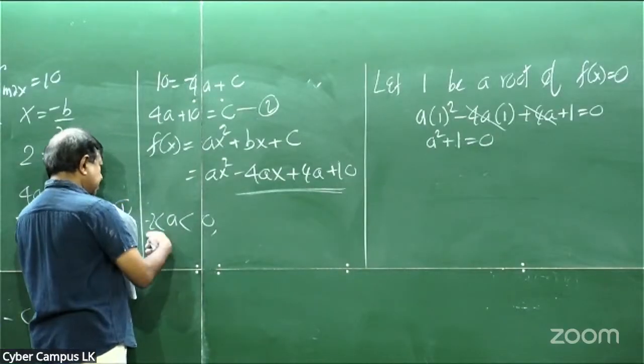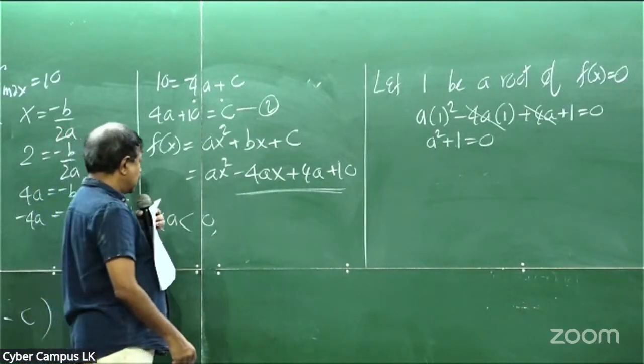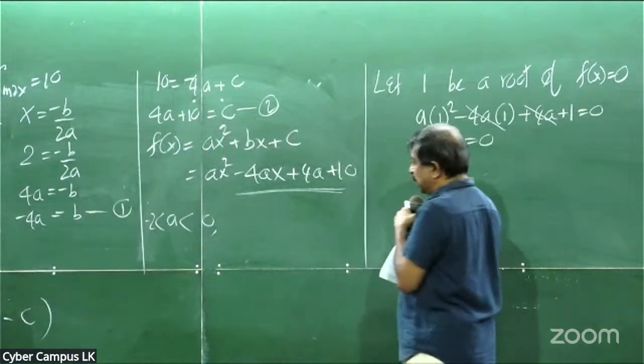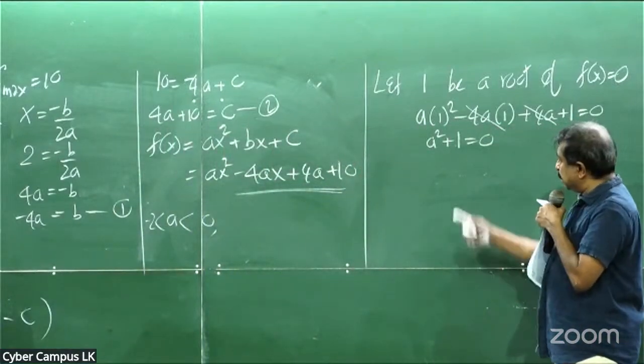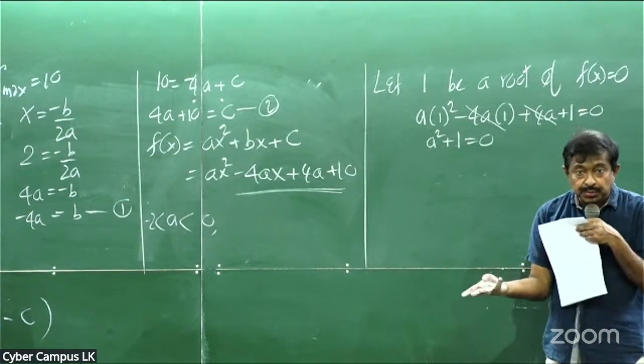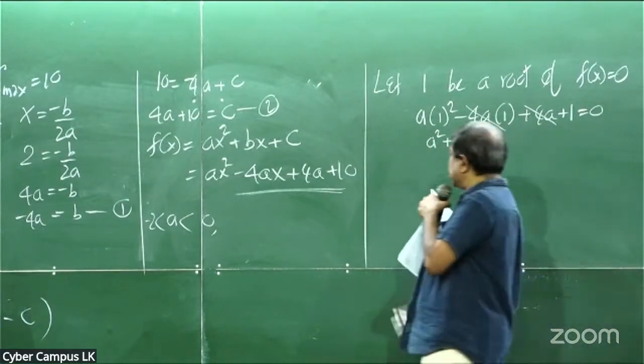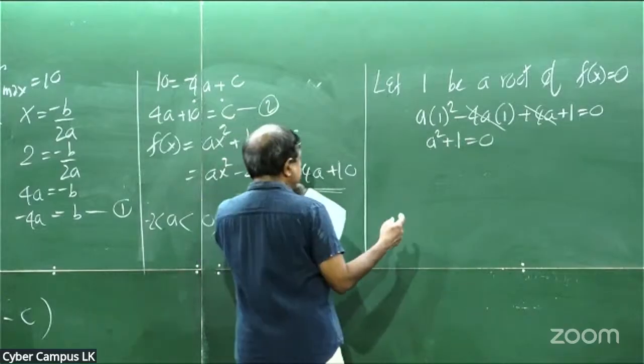But no matter what the value of a is, 1 is not a root of this equation because a squared plus 10 cannot be 0, right? So 1 is not a root anyway. Even without this condition, it is true.